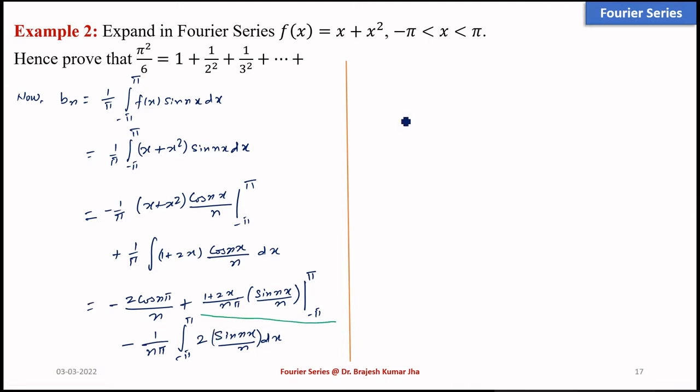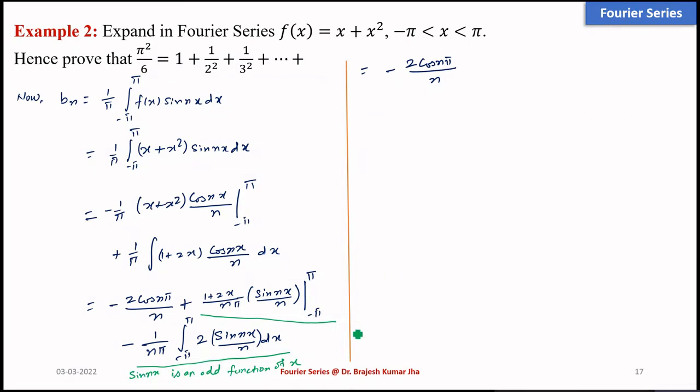So what we get now is minus 2 cos n pi by n. And what about this one? So what we can write, sin nx is an odd function of x, right? So odd function, you know what happens? The integration from minus a to plus a is going to be 0.